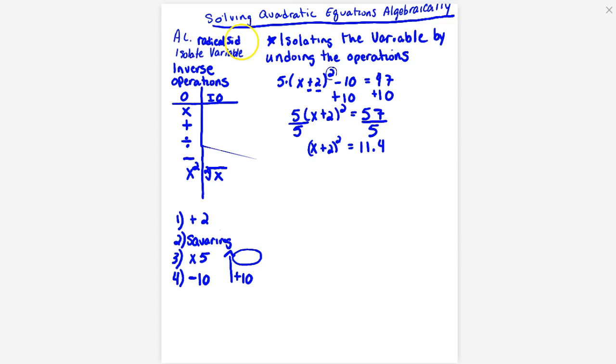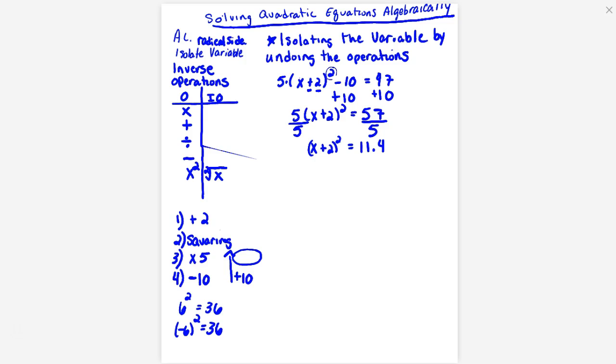But one last thing we need to think about: when you square something, it can be a positive or negative number, right? So if we have 6 squared equals 36, also negative 6 squared is 36. So we have both a positive and a negative answer.